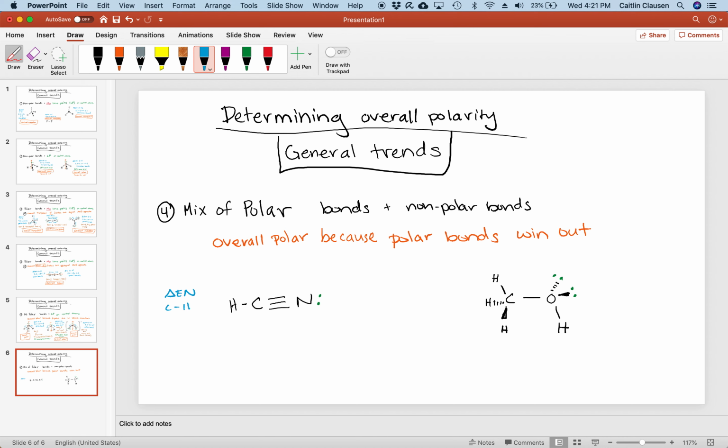So delta En of carbon to hydrogen here, carbon being 2.5, hydrogen being 2.1, 0.4, nonpolar bond. No arrow drawn. The delta En of carbon and nitrogen, 3.0 for nitrogen minus 2.5 for carbon, 0.5, polar bond.